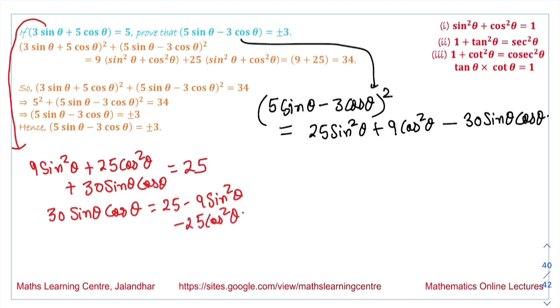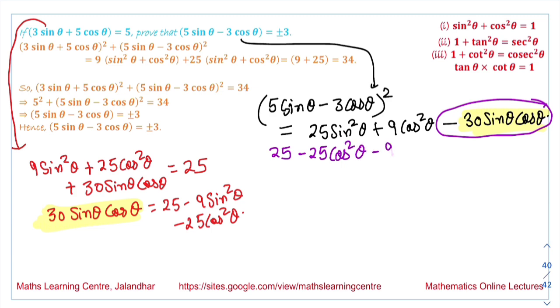If we substitute this value of 30 sin theta cos theta over here, we get 25, then minus 25 cos square theta minus 9 sin square theta.